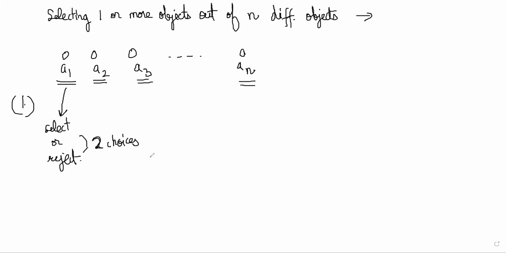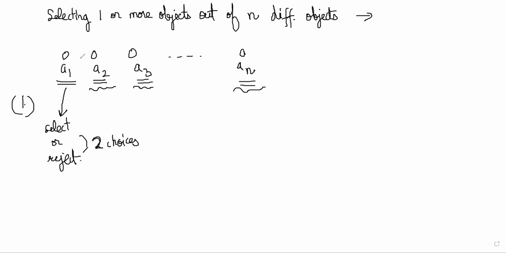And there are two choices for the second object, and third object, and so on. To make a selection, you have to make choices for each of the objects. You can either select or reject each of them.